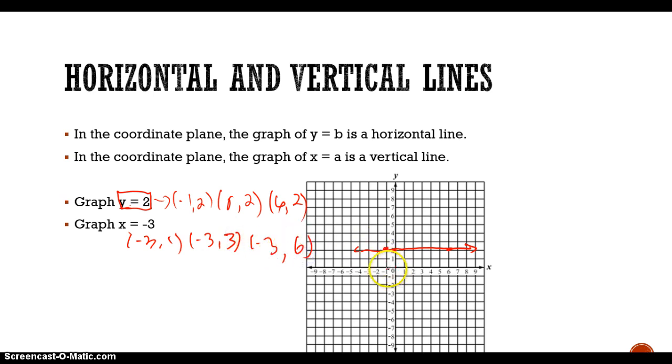And I can see that -3, 1; -3, 3; and -3, 6 gives me a vertical line straight up and down. So think about that. When it's just x equals -3 and does not have a y within the equation, you know that your x value for every ordered pair will be -3. Same for the y. When it's y equals and no x value, you know that all your y values will be 2. And then you just connect the dots.